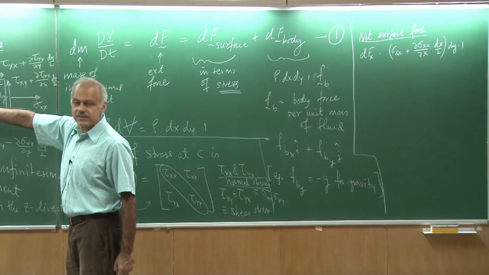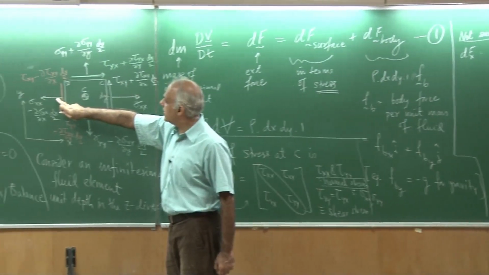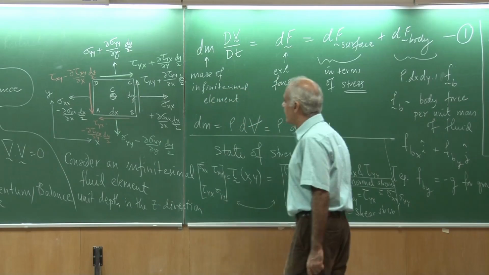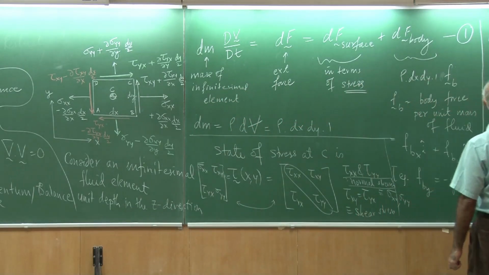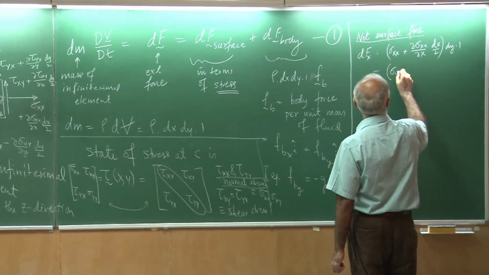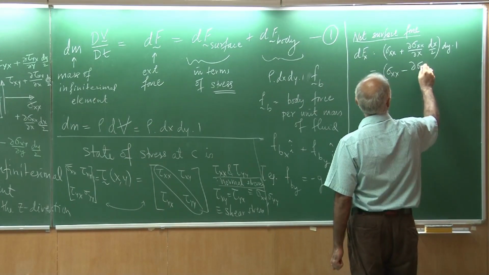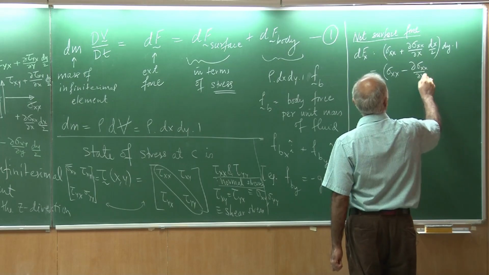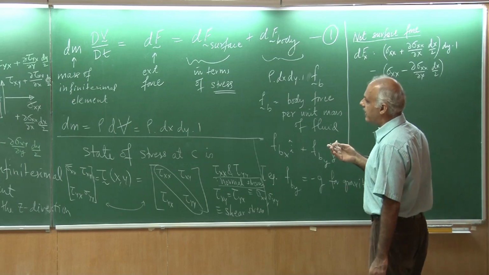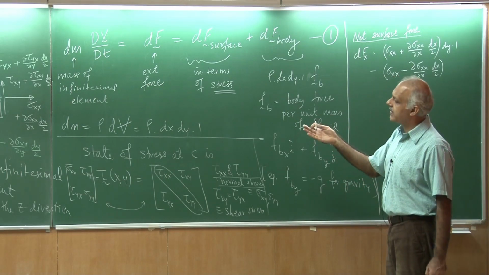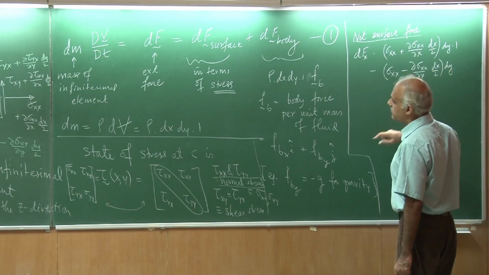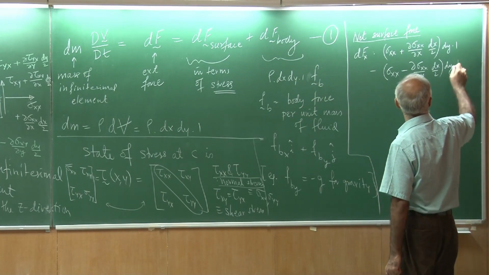I can now do the area for the stress on this face, which is AD, and you can see it would be minus because now it is in the negative direction. So this would be sigma xx minus del sigma xx by del x dx by 2, and the area of that face AD, the vertical length, is dy times a unit depth, so that is 1.